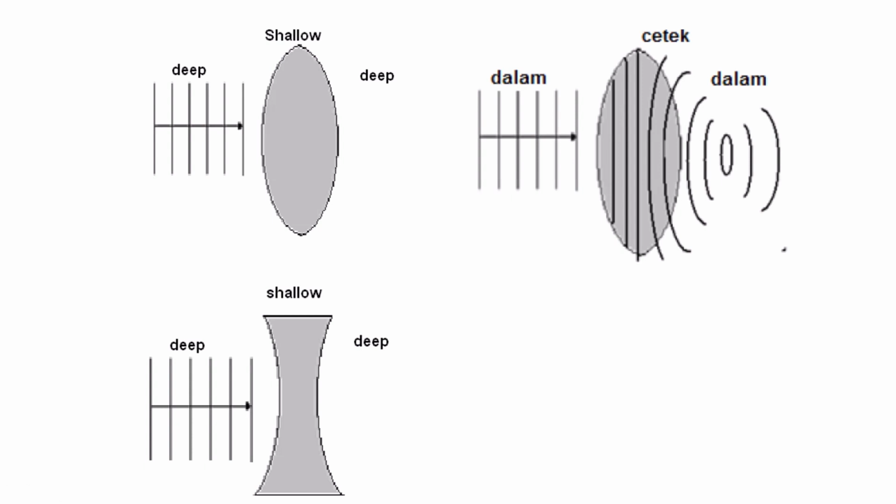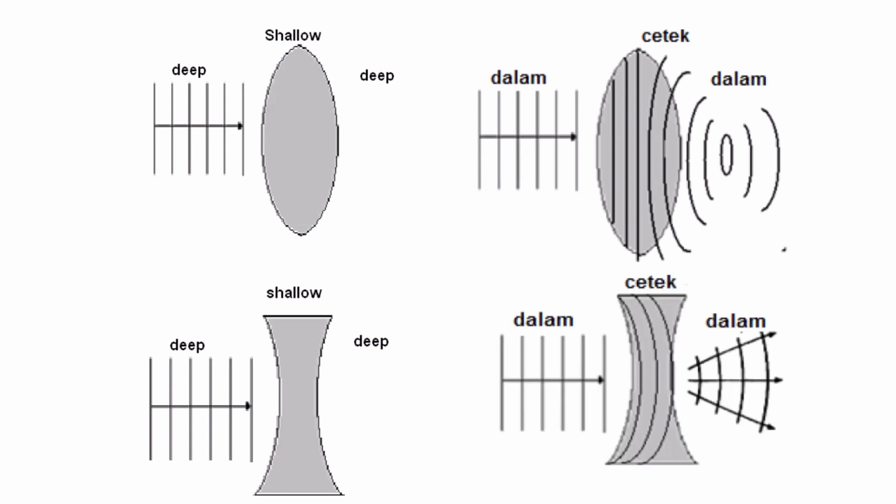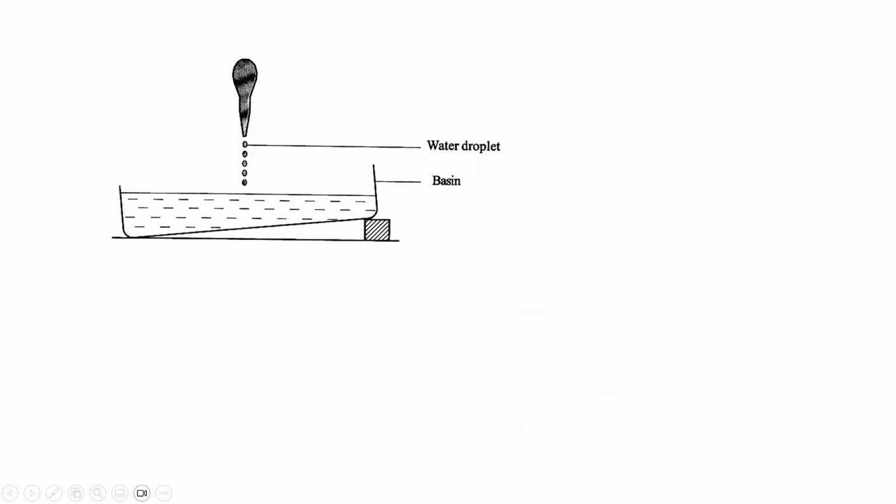This is the wave passing through a convex glass slab. Follow the shape, so it will converge to a point. This one is concave, which means diverge, so we get something like this. In the glass, we draw the lines closer because it is shallow. In the shallow region, the lines of the wavefront will be closer.